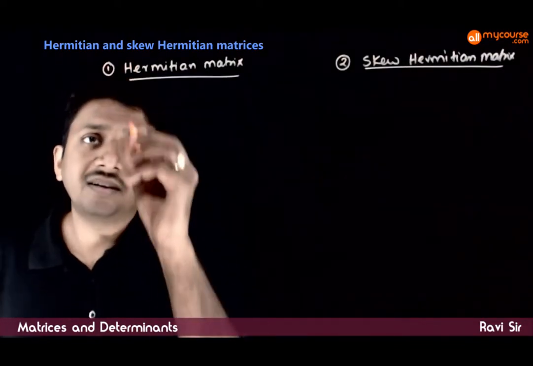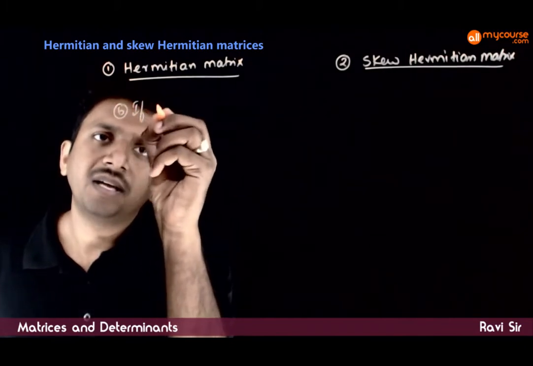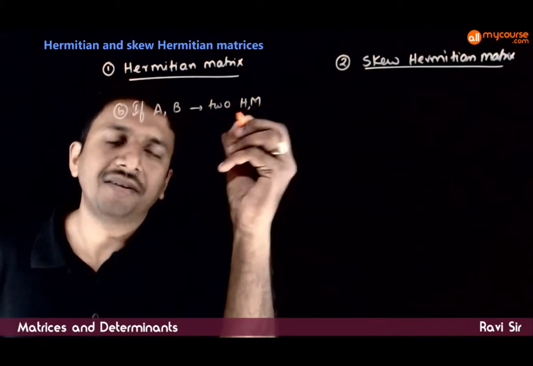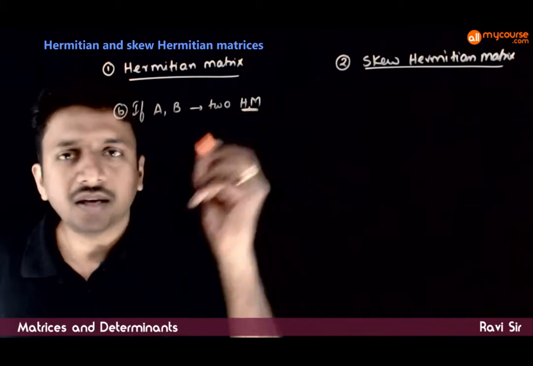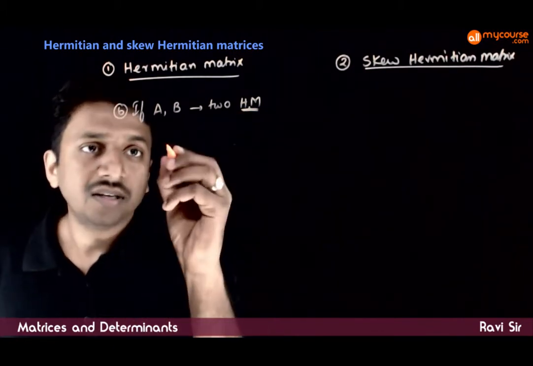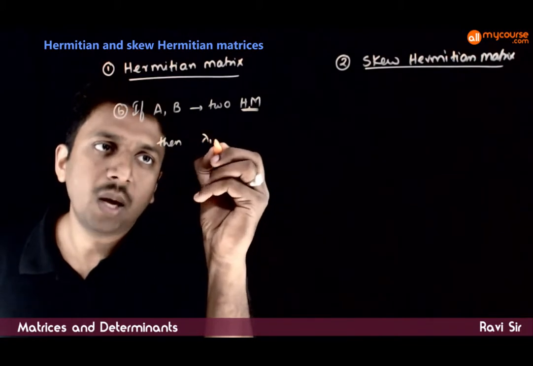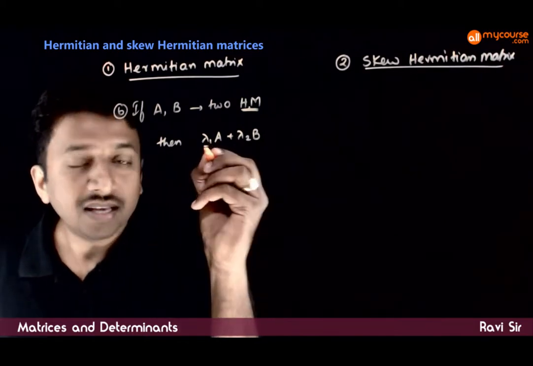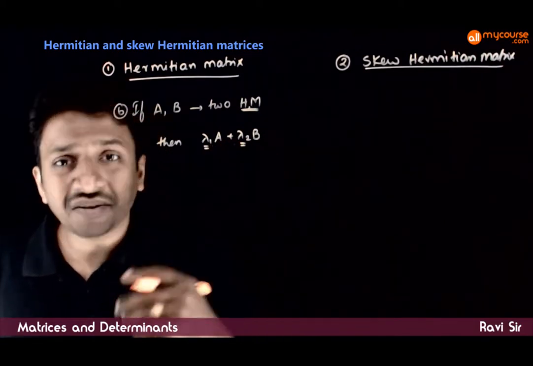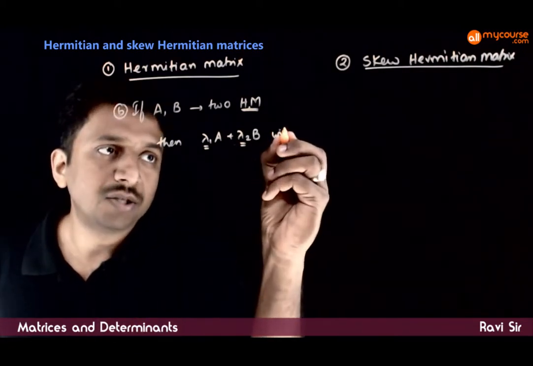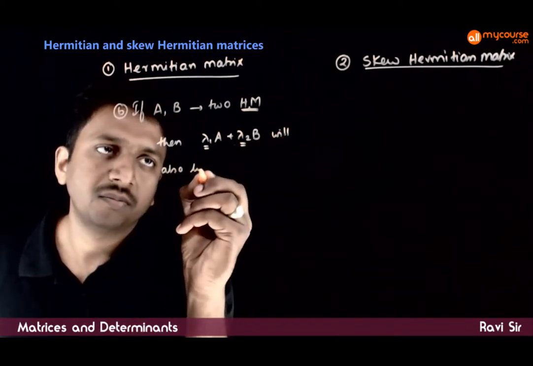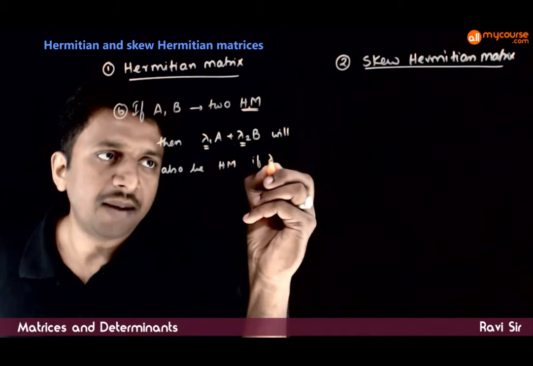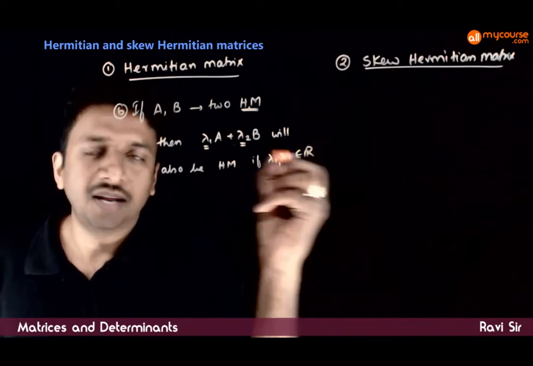The next property is that if A, B are two Hermitian matrices, then lambda 1 times A plus lambda 2 times B, so any real number times A plus any other real number times B, will also be a Hermitian matrix if lambda 1, lambda 2 belong to real numbers.